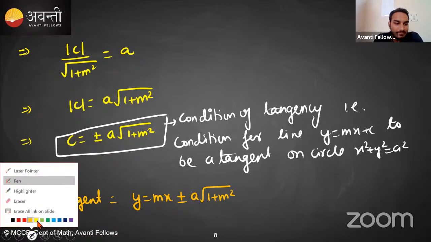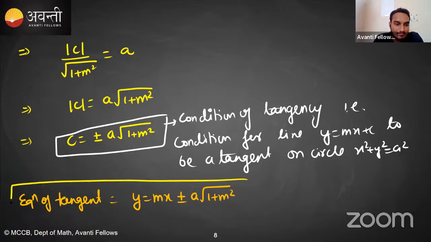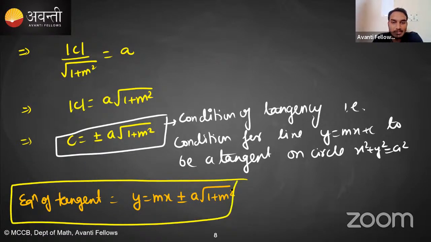Is this clear, everyone? Tell me quickly in the chat box. As you can see, we are getting two tangents of slope m on a circle, right? Yes or no?